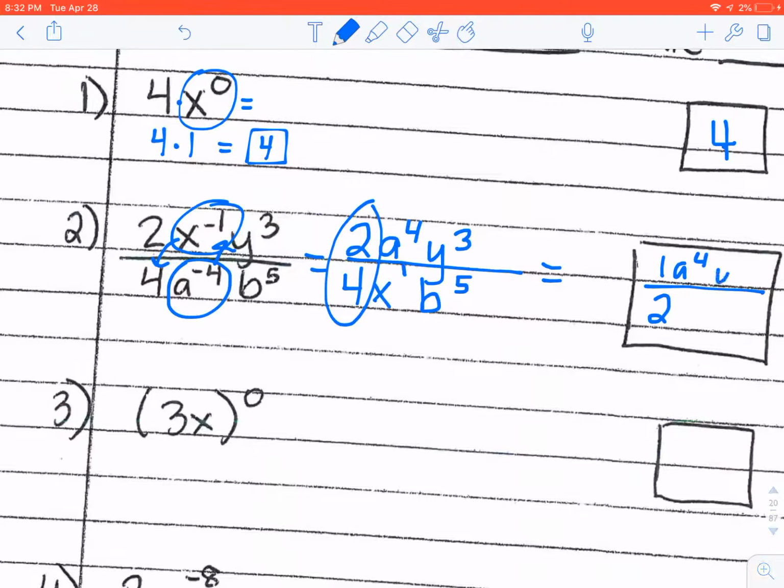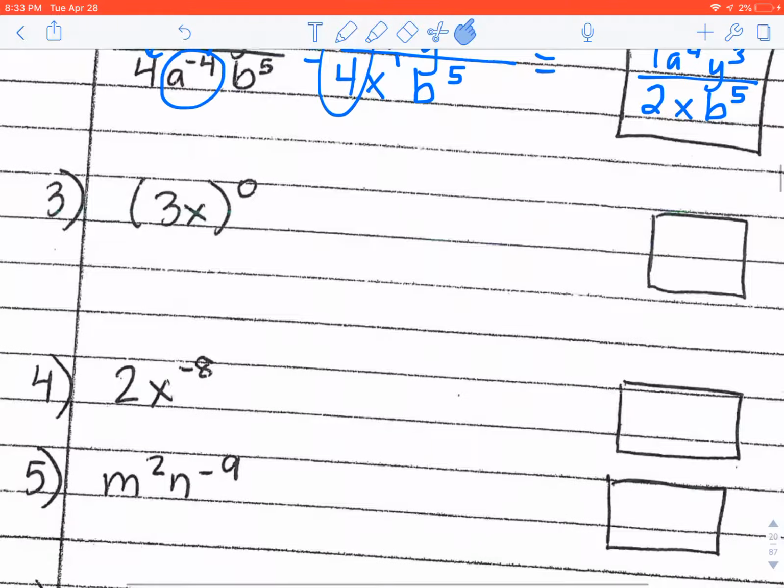Since they are all different, there's nothing else that can be reduced, so you leave your answer like that. Okay, so a to the 4th, y to the 3rd, over 2x, b to the 5th. Your final answer will not have any negative exponents, and all of your bases are different.